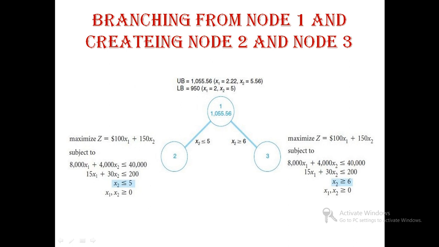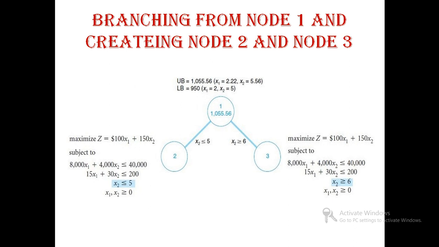You can see that x2 is equal to 5.56. If x2 should be an integer, then its value must be either greater than or equal to 6, or less than or equal to 5. The next integer is 6 and the prior integer is 5.